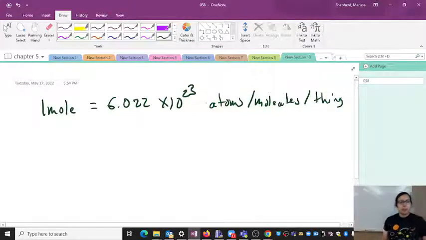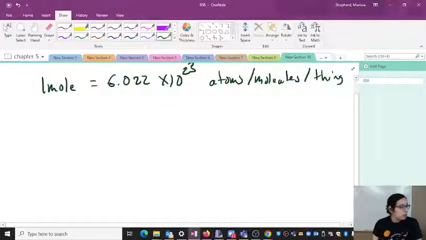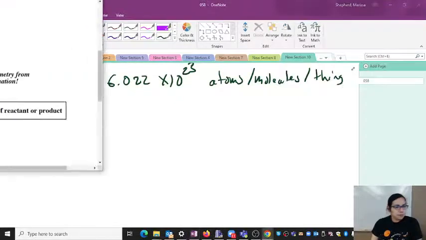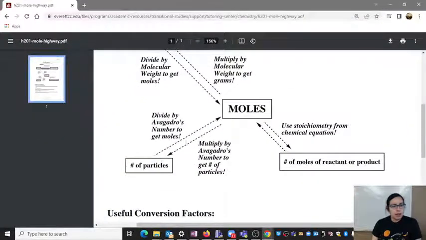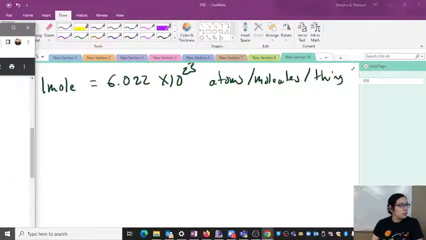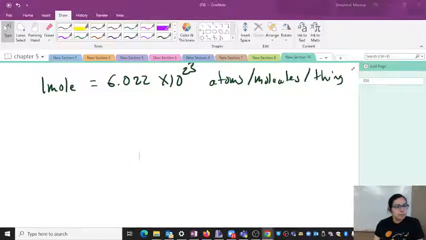It's just like a baker's dozen. It's just an amount. Then we can use dimensional analysis to go back and forth from moles to particles and particles to moles. So let's do a little practice.